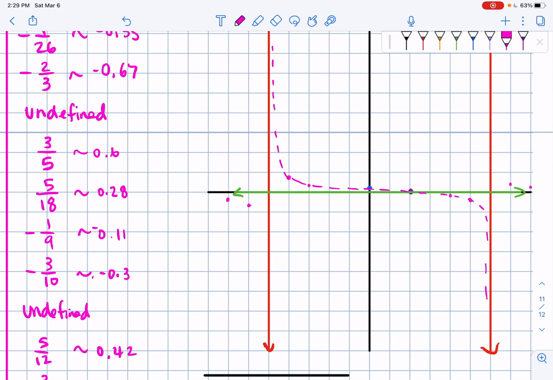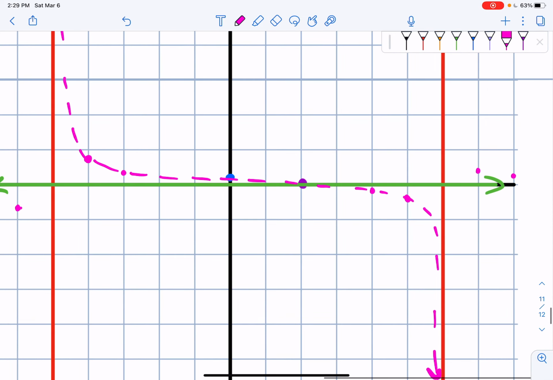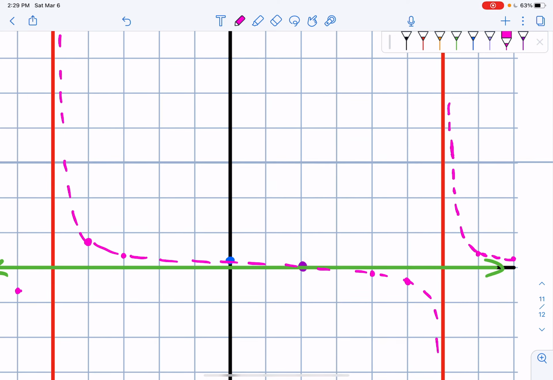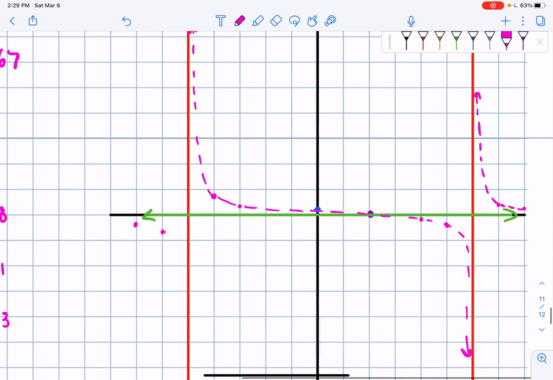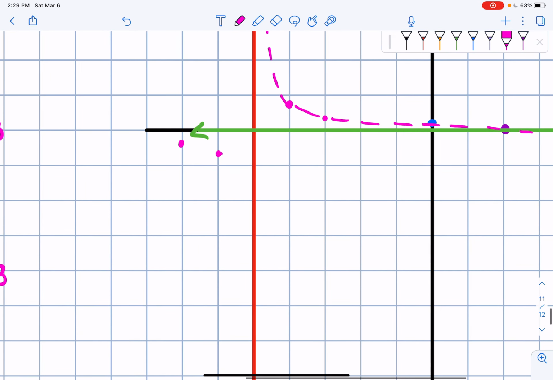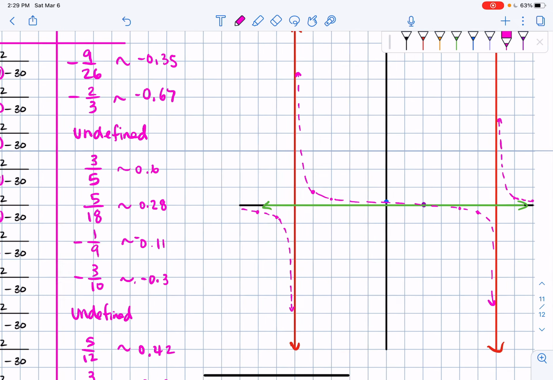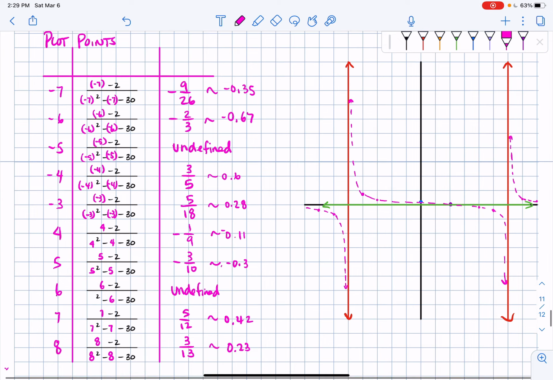Okay, so that's probably what that looks a little like. If I had to guess, I would say this, because this is going up. And then this would be going down. All right, so the graph should look something like that.